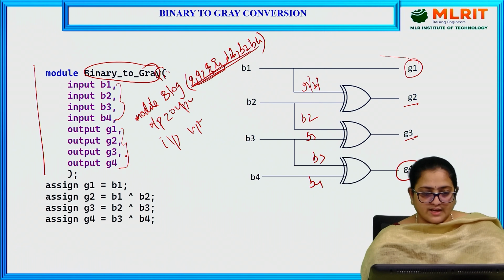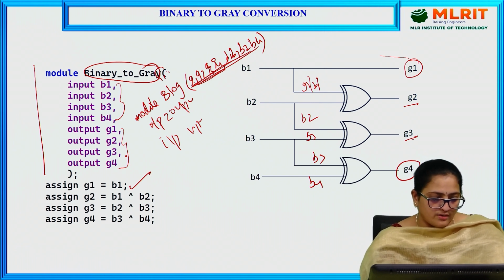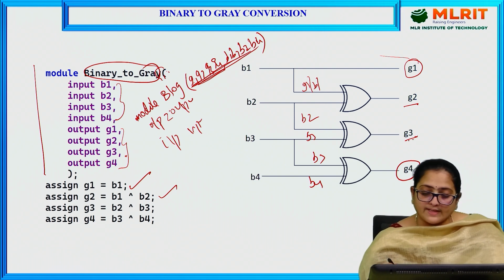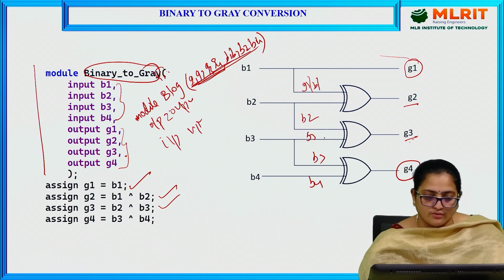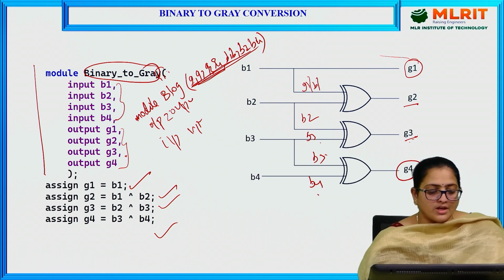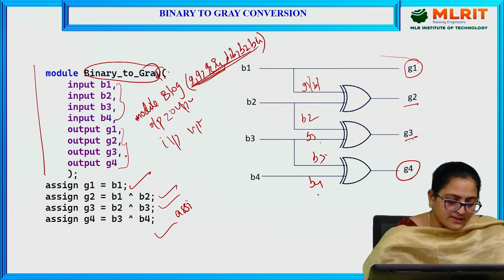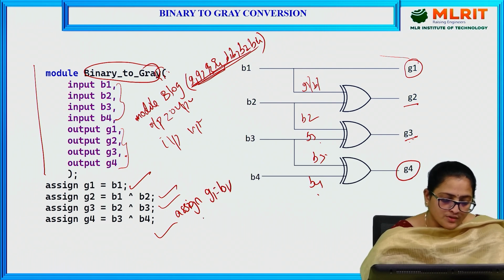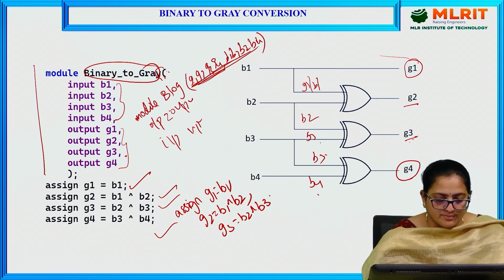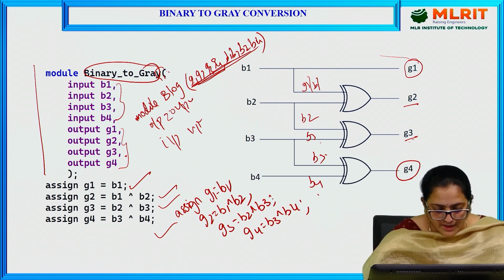Now, see here, assign G1 is equal to B1. Now, assign G2 is equal to B1 XOR with B2. Assign G3 is equal to B2 XOR with B3. Assign G4 is equal to B3 XOR with B4. You can also use a single statement like assign G1 is equal to B1, comma, G2 is equal to B1 XOR with B2, comma, G3 is equal to B2 XOR with B3, comma, G4 is equal to B3 XOR with B4 and with the semicolon.